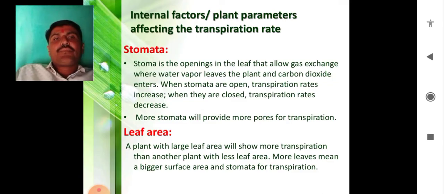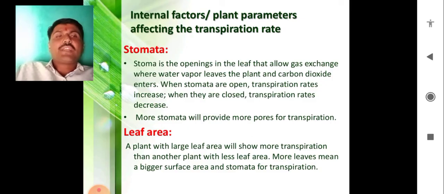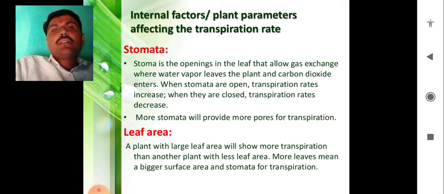When the stomata are closed, the rate of transpiration ultimately decreases. Leaf area: a plant with a large leaf area will show more transpiration than another plant with less leaf area, as we spoke earlier.